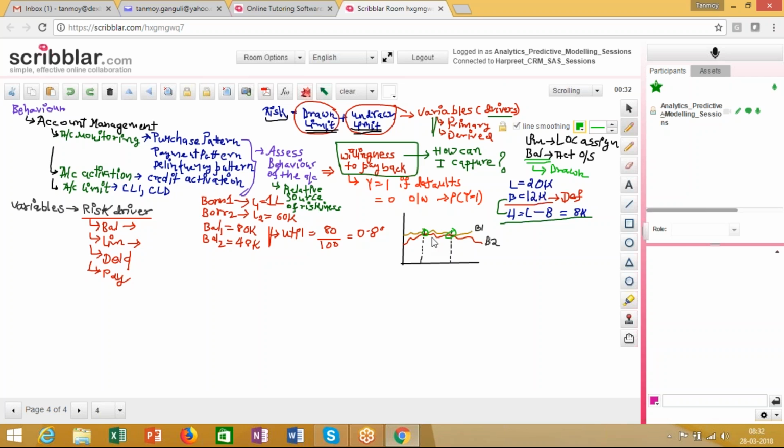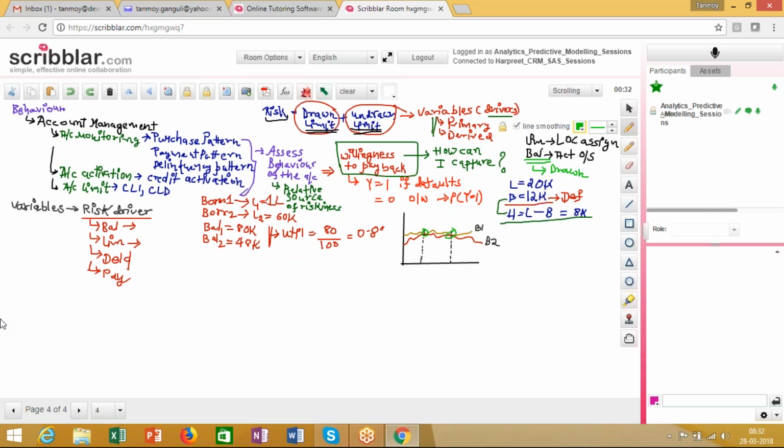But that does not necessarily mean that borrower one is more risky than borrower two. It might be that this guy has a higher average utilization and hence he might be a very prized customer for the bank.